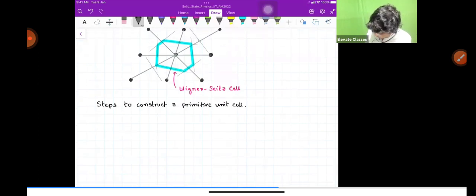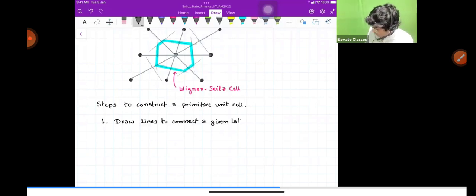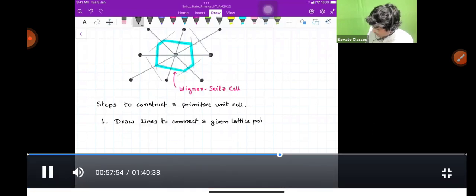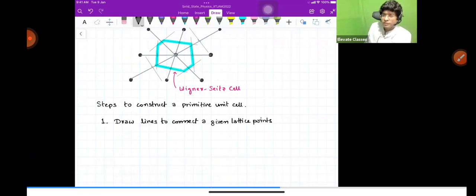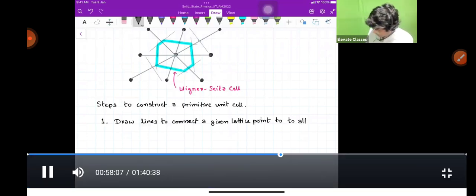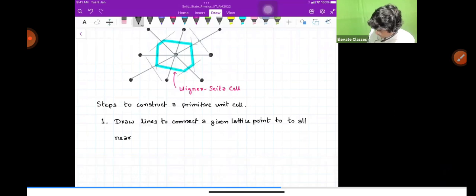Number one, draw lines to connect a given lattice point to all the neighboring points, all the nearby lattice points.